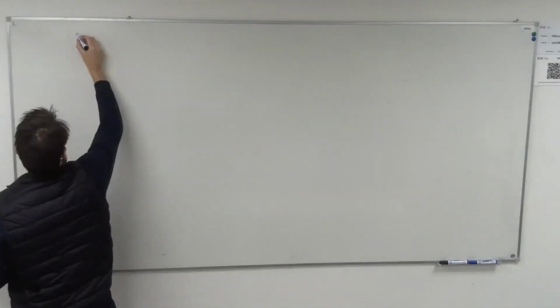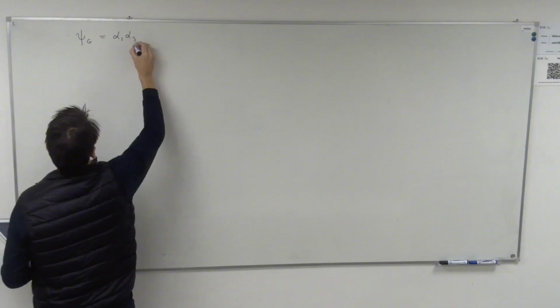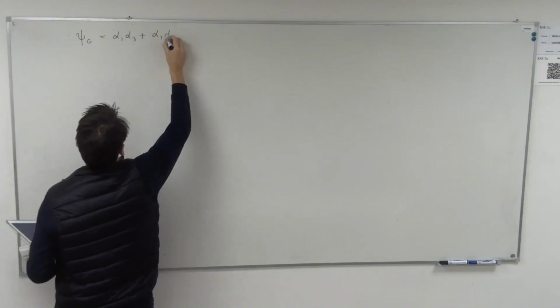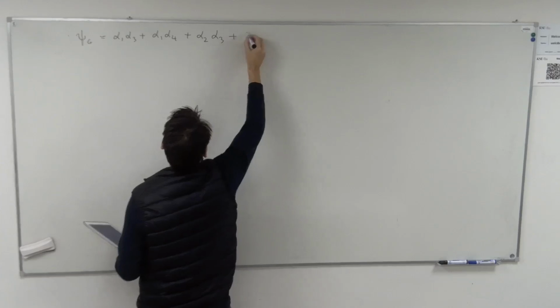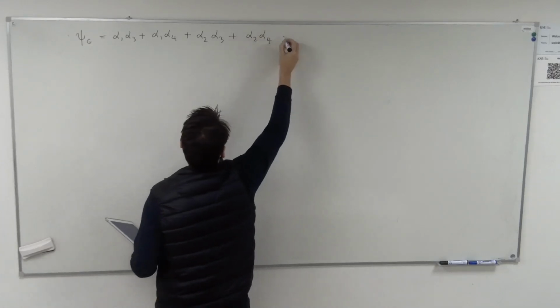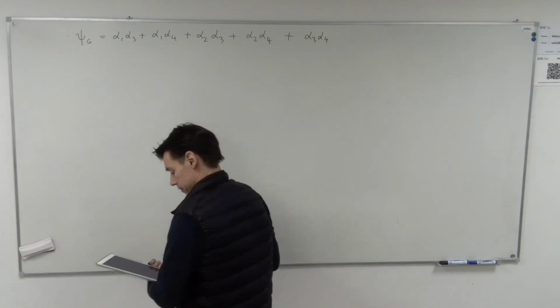So the graph polynomial was alpha 1, alpha 3, plus alpha 1, alpha 4, plus alpha 2, alpha 3, plus alpha 2, alpha 4.